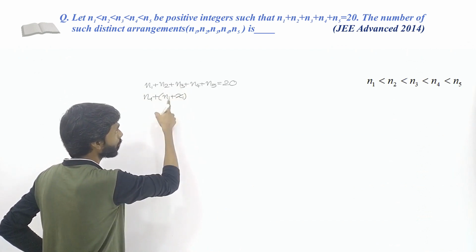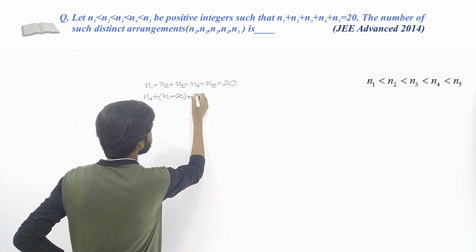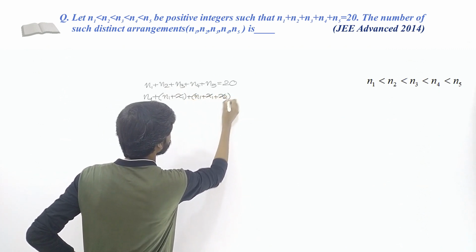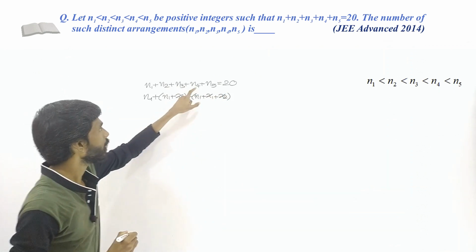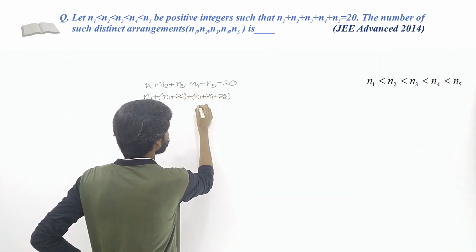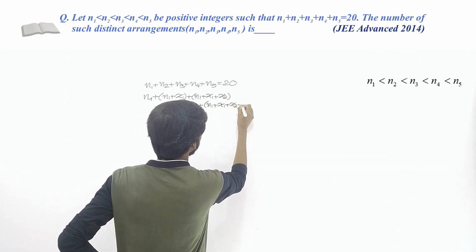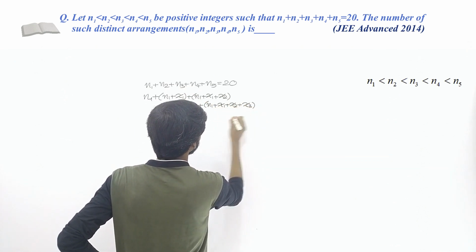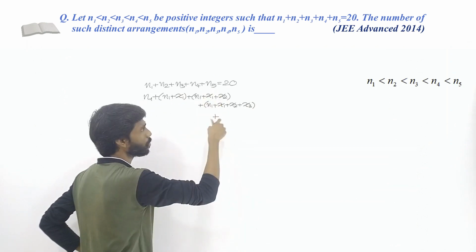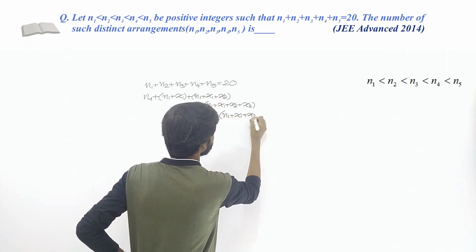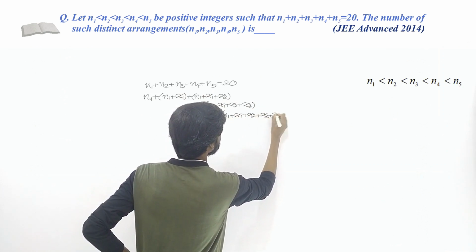And n3 is bigger than n2, so n3 can be written as n1 plus x1 plus another value x2. Similarly n4 is bigger than n3, so that will be n1 plus x1 plus x2 plus another value x3, and n5 is n1 plus x1 plus x2 plus x3 plus x4.